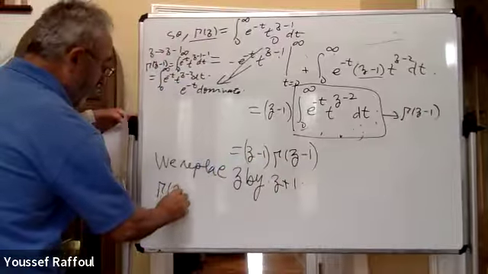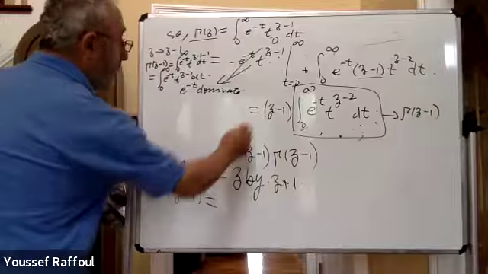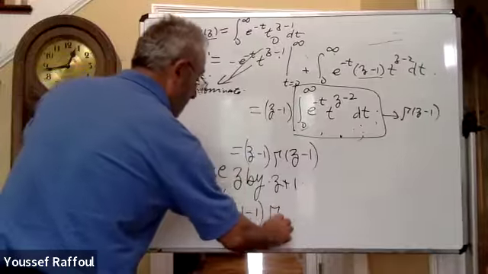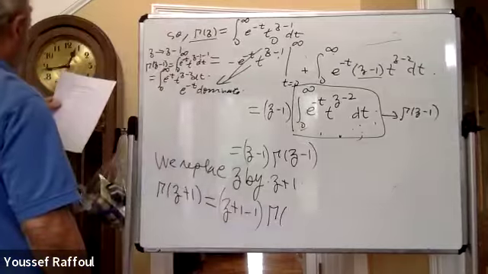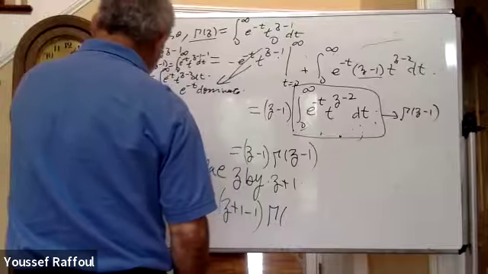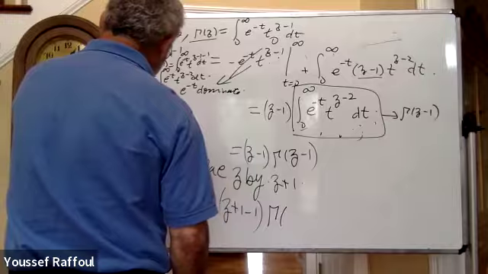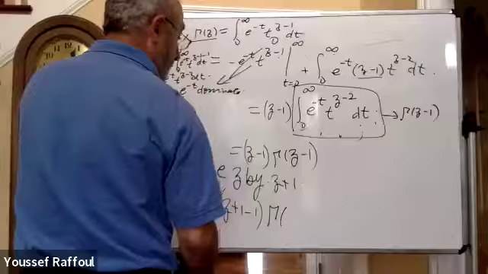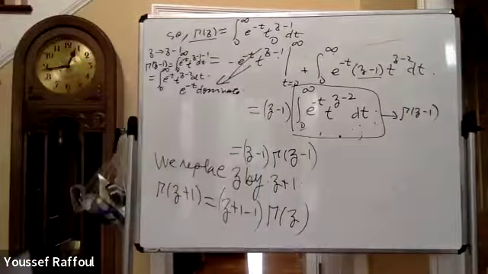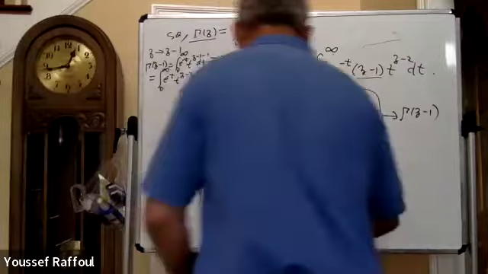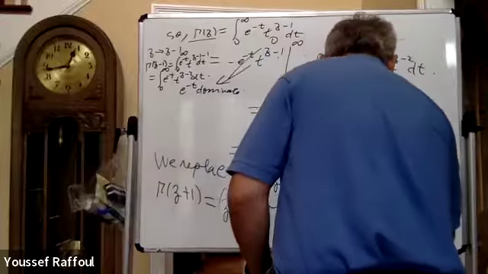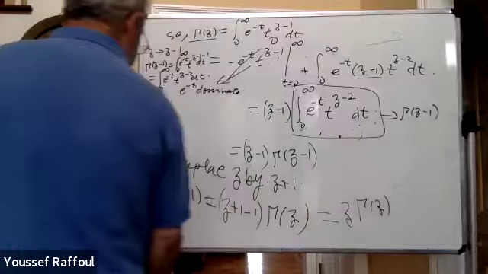Then we get gamma of z plus 1 equal to z plus 1 minus 1 times gamma of z. So that is z times gamma of z. All right?